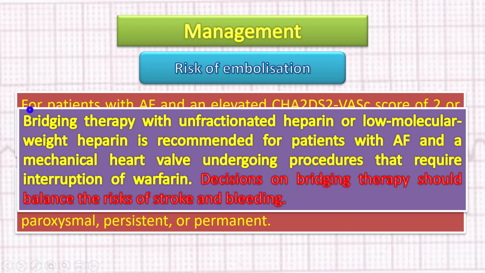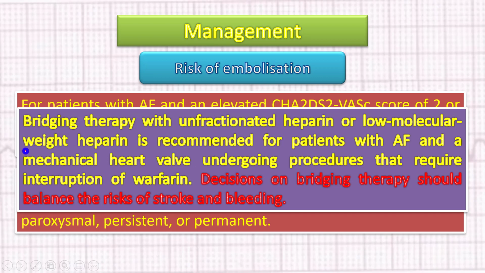Regarding bridging therapy, this is a very important point. If you have a patient with AF who is on an oral anticoagulant and is going for surgery, bridging with unfractionated heparin or low molecular weight heparin is only recommended for patients with AF and a mechanical heart valve.